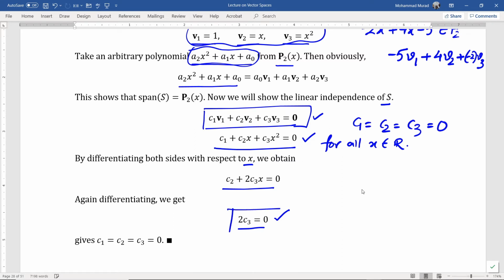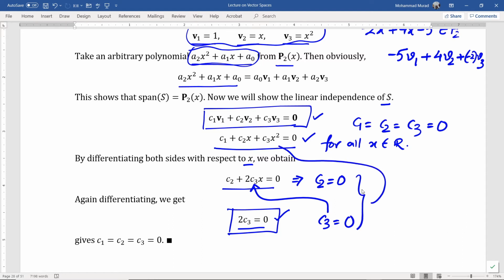The last equation gives us c sub 3 equals 0. And if we substitute this value of c sub 3 into this equation, we get c sub 2 equals 0. And then if we substitute the values of c sub 2 and c sub 3 into this equation, we get c sub 1 equals 0.